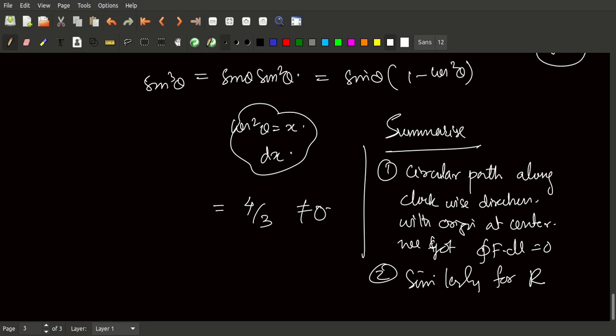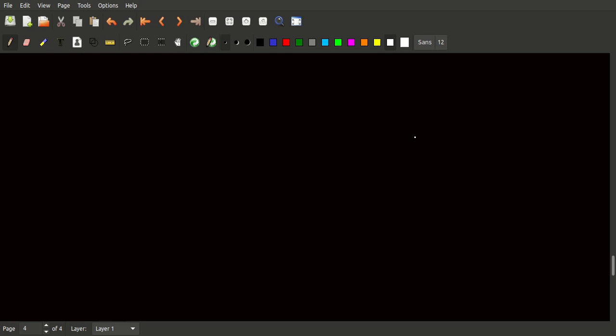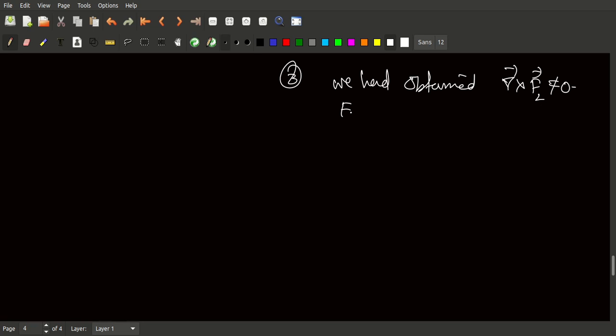Similarly for the rectangular path. Now third point, we had obtained del cross F not equal to 0, therefore this force F2 was not conservative, that is, F2 implies non-conservative.